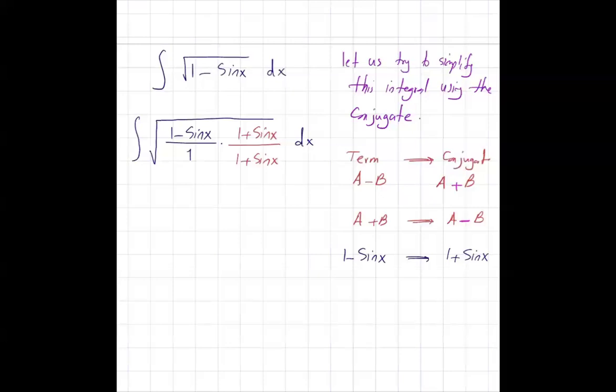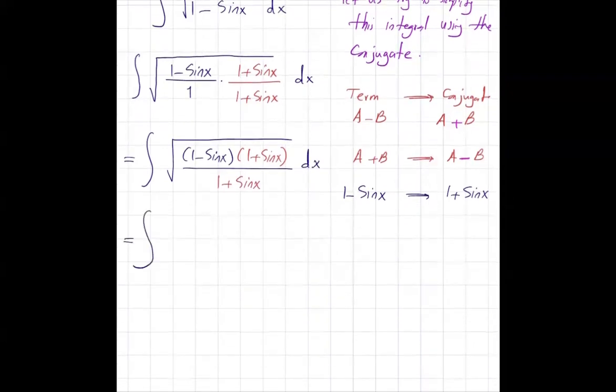So this can be written as the integral of a big radical, 1 minus sine x times 1 plus sine x, divided by 1 times 1 plus sine x. So I'm just going to copy down 1 plus sine x, then dx.